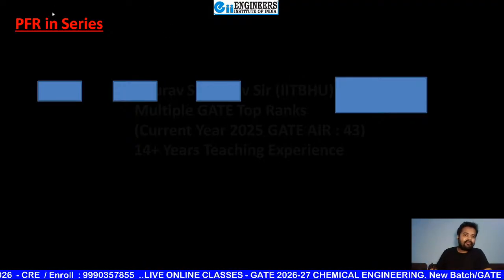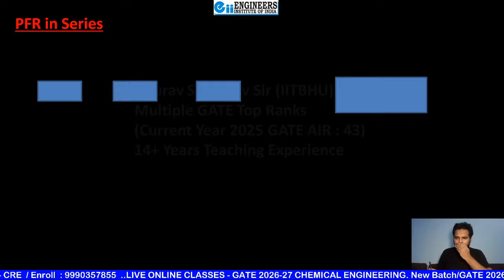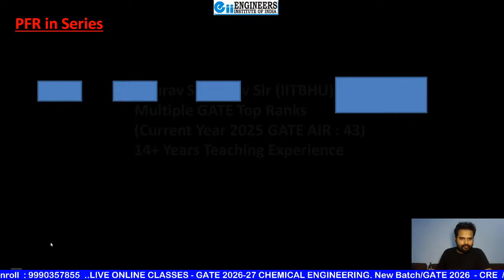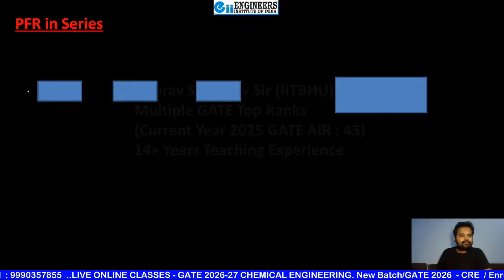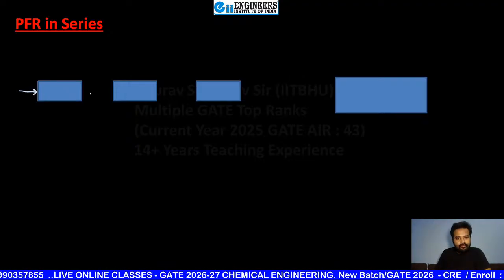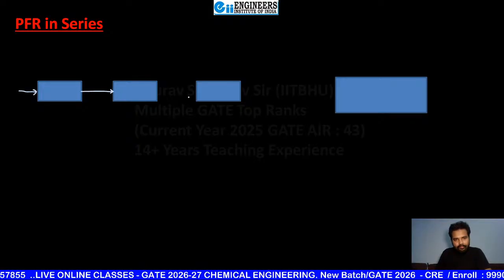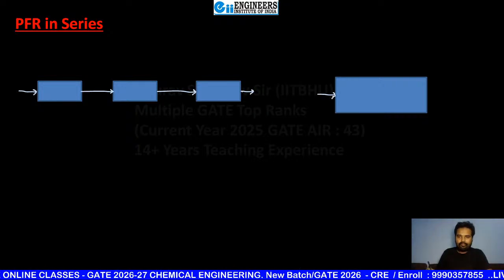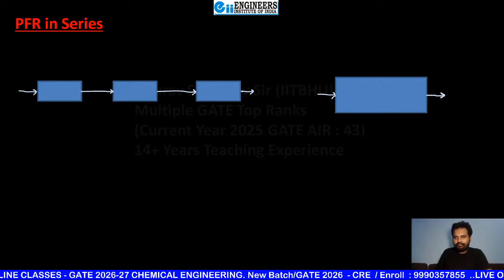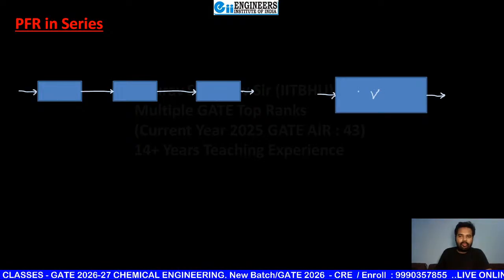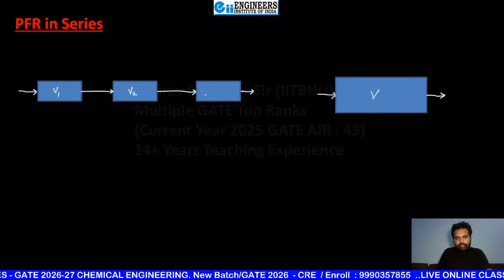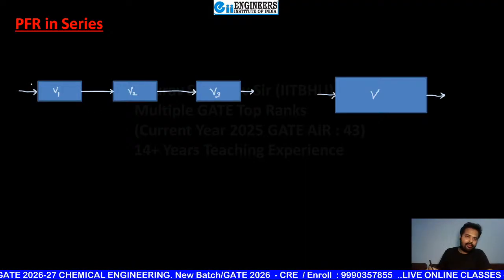Here the volume is V, and the first PFR volume is V1, second one V2, and third one V3.